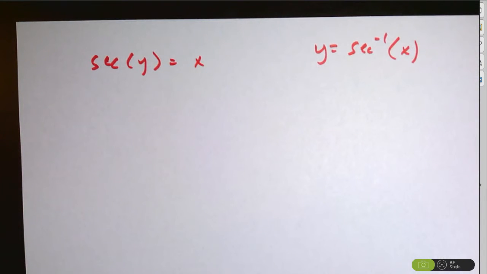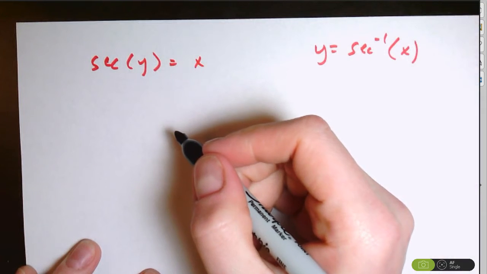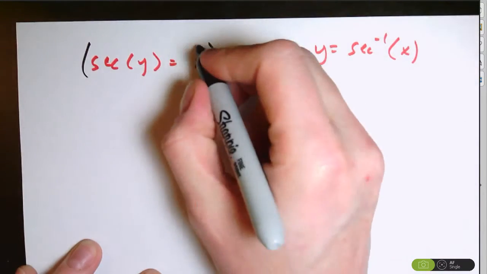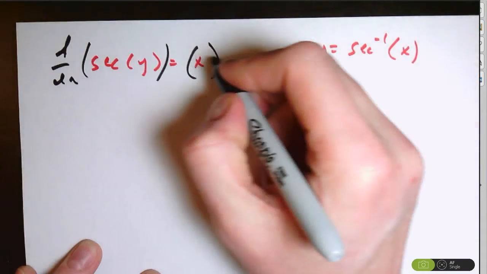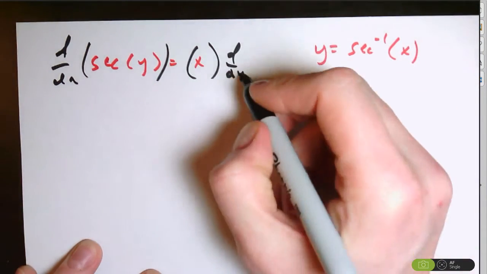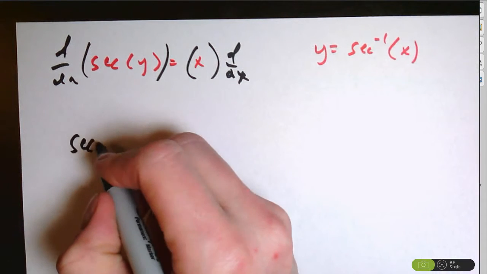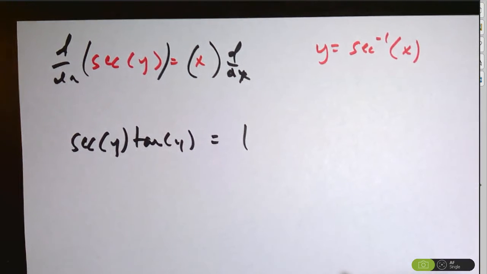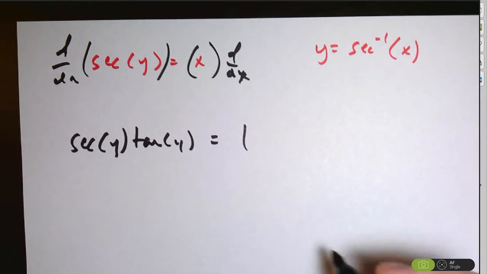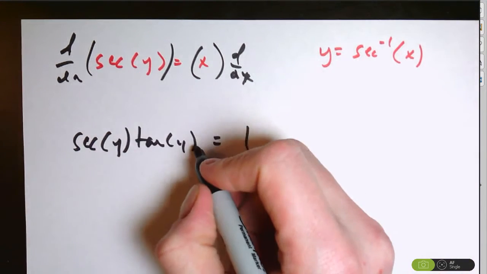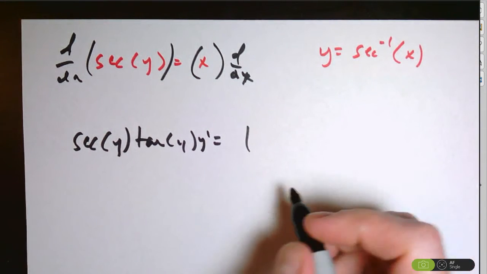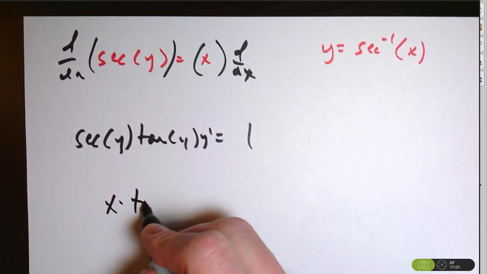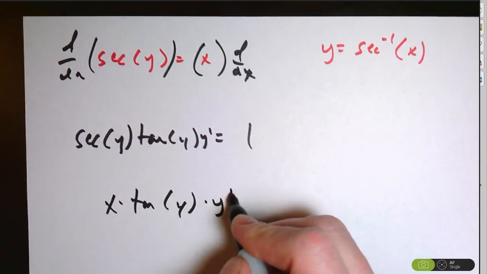So do the derivative of both sides. That gives us secant y tangent of y times y prime equals 1. Well, that's easy enough. We know that secant y is equal to x. So it'll just be x times tangent of y times y prime equals 1.